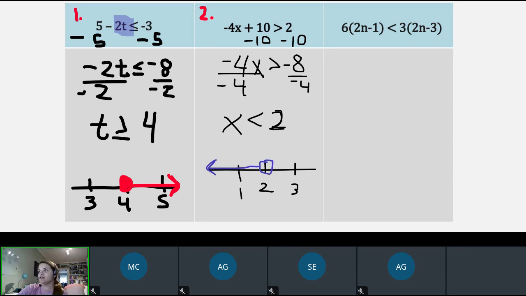Okay, let's go ahead and try number 3. I'm going to give you a hint here. The first thing you need to do is distribute on both sides.